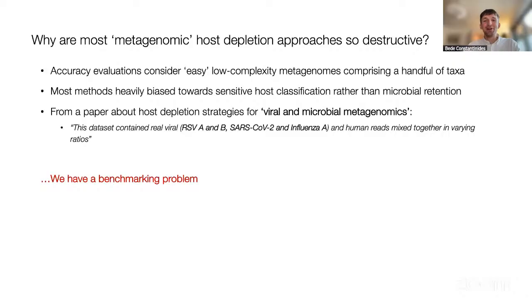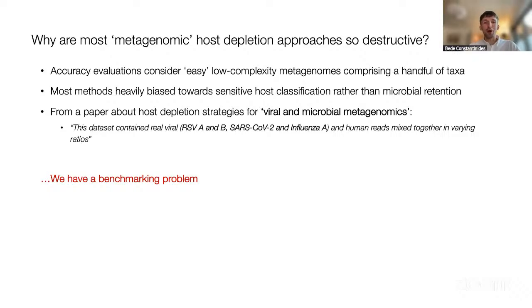These methods have been developed by good scientists, and they benchmark well, but they're not performing well in my hands on simulated viral and bacterial genomes. So reads that I know don't contain human contamination that you might see in real world data sets.